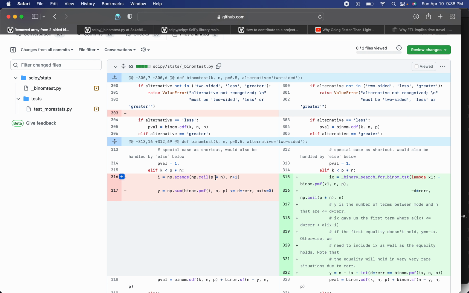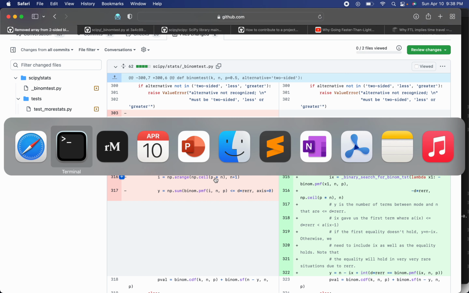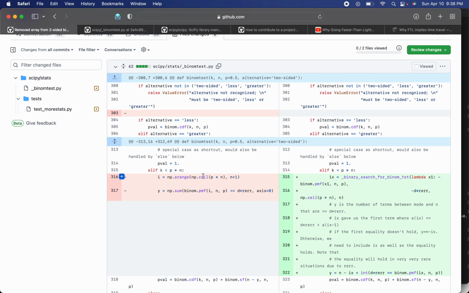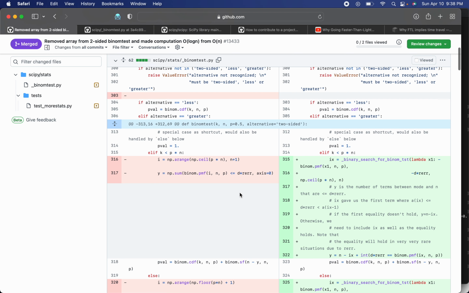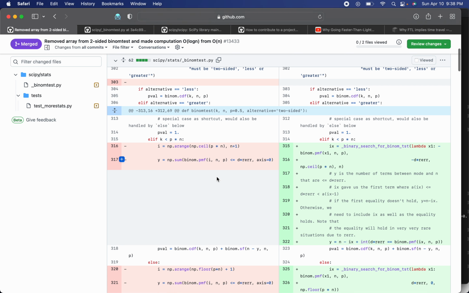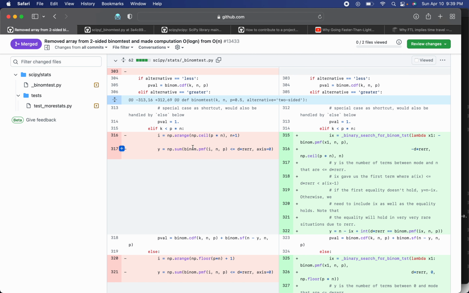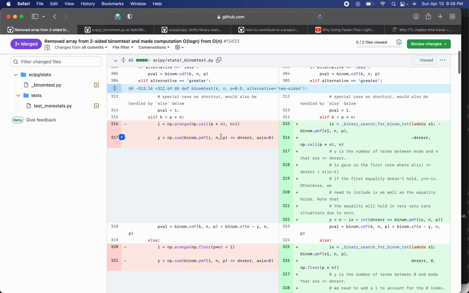And this array was basically the probability mass function values of this binomial distribution, and then they were looping through this array and finding the place on the other side through this criteria, where the probabilities on the other side need to be summed. This array would become very large if n is large, and that would lead to memory errors.